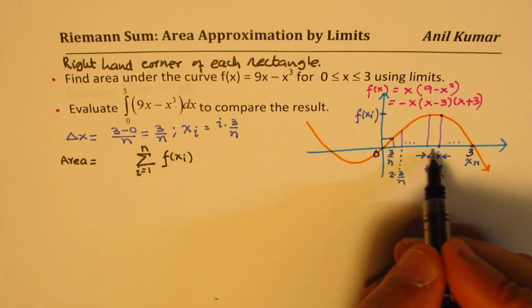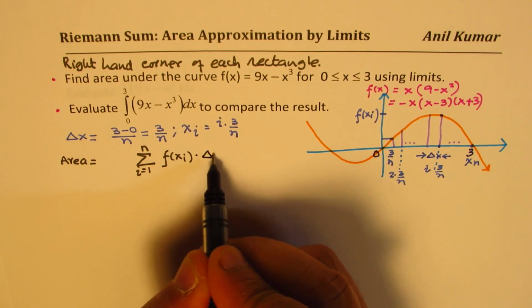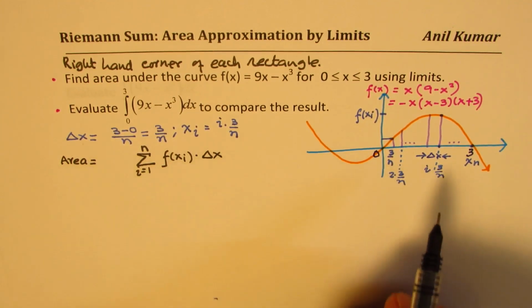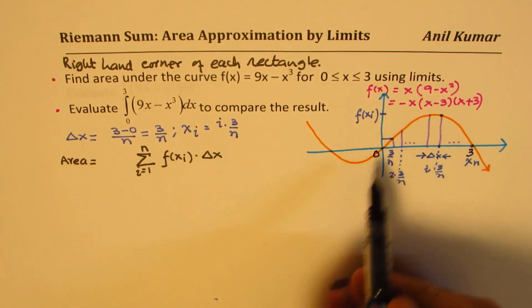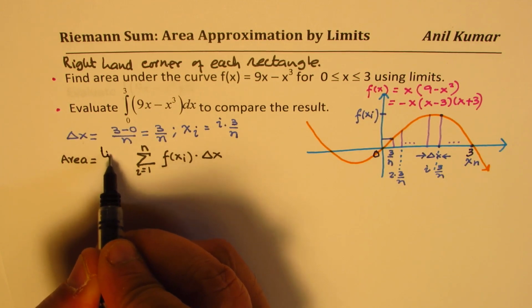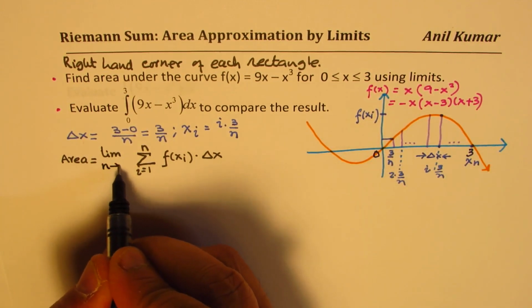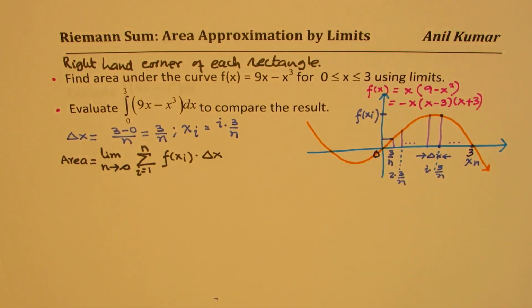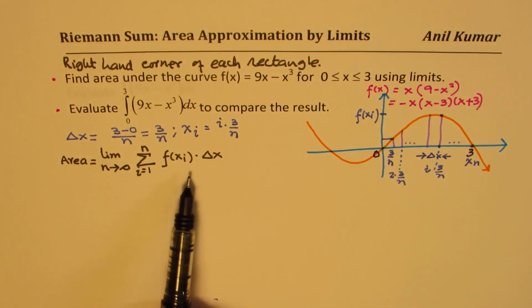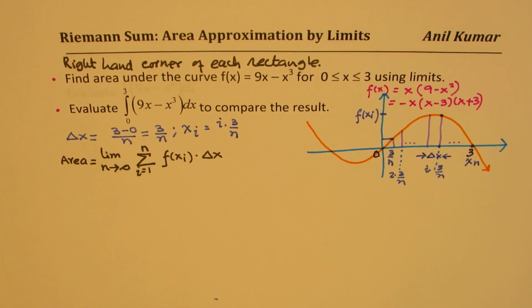Now, f of xi times delta x is the area of each rectangle. This area will be very close to the real value when n is approaching an infinitely large number. So that gives us the formula to figure out the area. Clear?